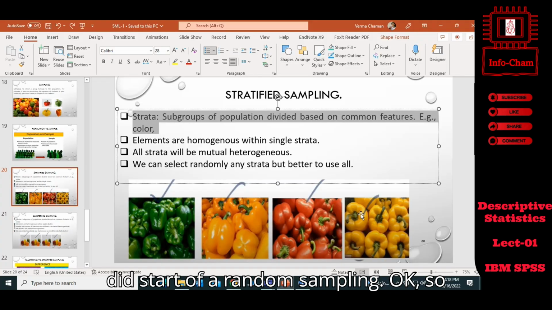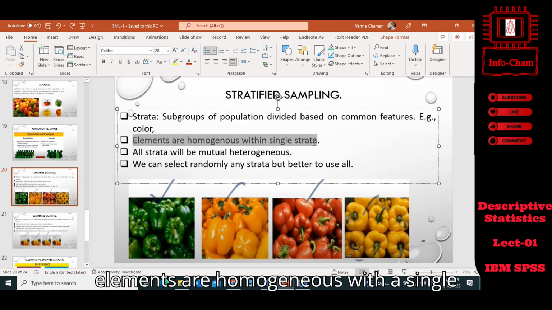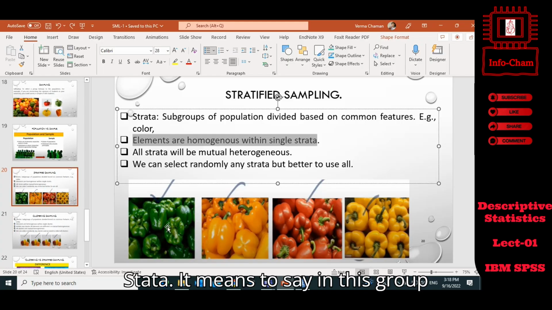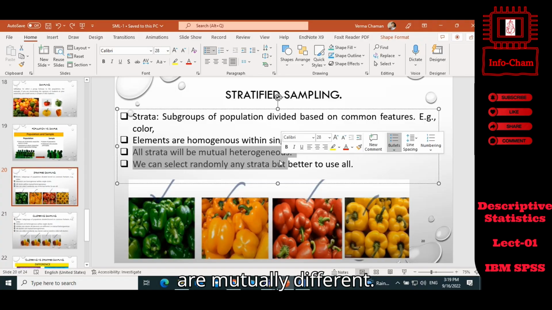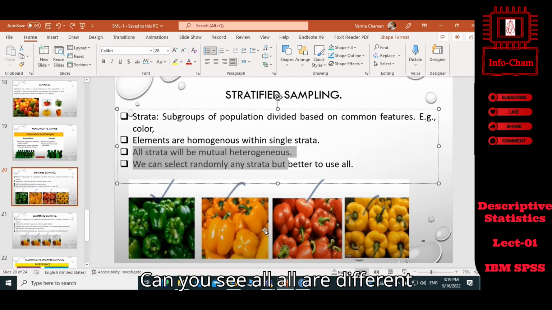So what we did is stratified random sampling. Elements are homogeneous within a single stratum. It means in this group, all green colors are homogeneous in a single stratum. Here, all strata are mutually different. Can you see all are different colors? It is a rule of this sampling.